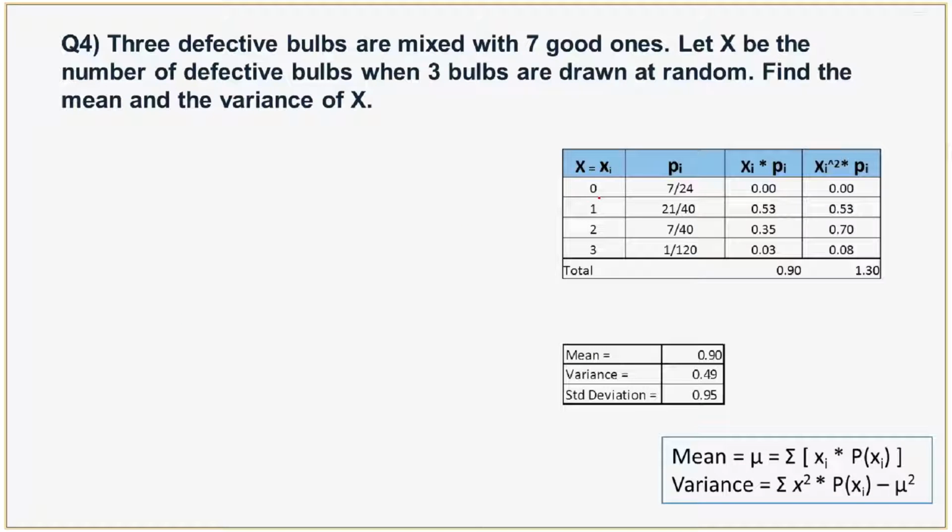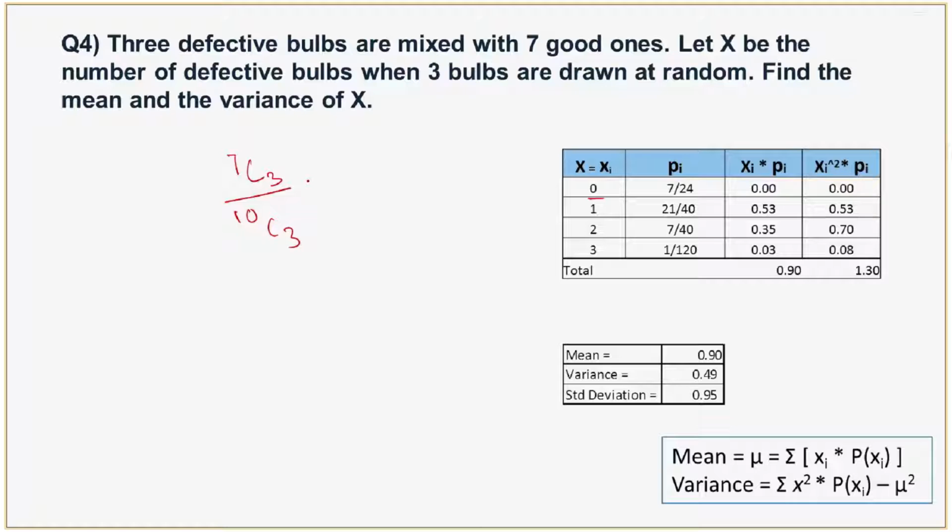The probability that no bulbs are defective is 7 by 24. How come we got 7 by 24? Because you are drawing 3 non-defective bulbs out of 7, and the total number of ways in which you can draw 3 bulbs is 10C3.